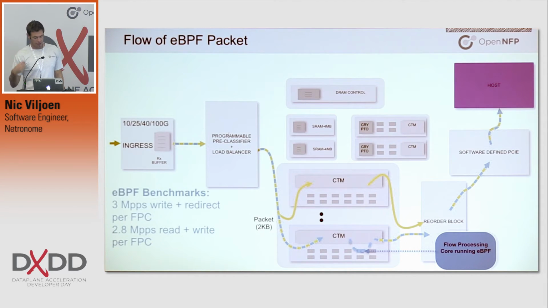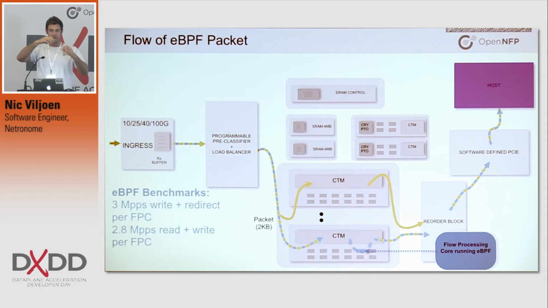Now, just to make clear the flow of an eBPF packet, what we would usually have is the packets come in. We would have specific cores within the NIC that are running eBPF. So you have the standard NIC running, whether you have the OVS NIC running around the outside, or, most likely, what we call a core NIC, which is a fairly intelligent standard NIC with particular microengines which are focusing on eBPF.